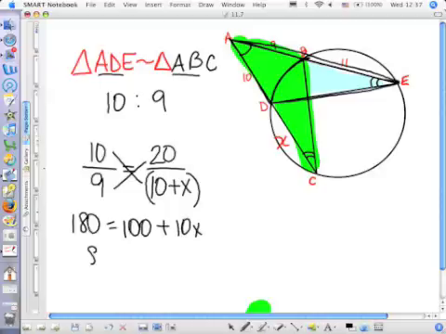Subtract, and this equals 80. Can you just say 9 times 2 equals 10 plus x, since 10 times 2 is 20? Okay?